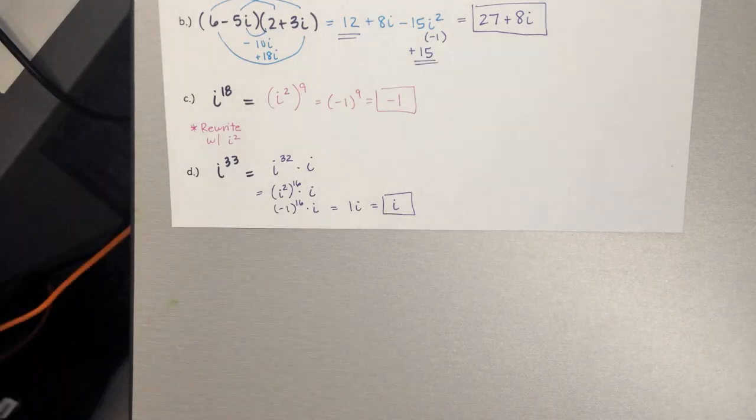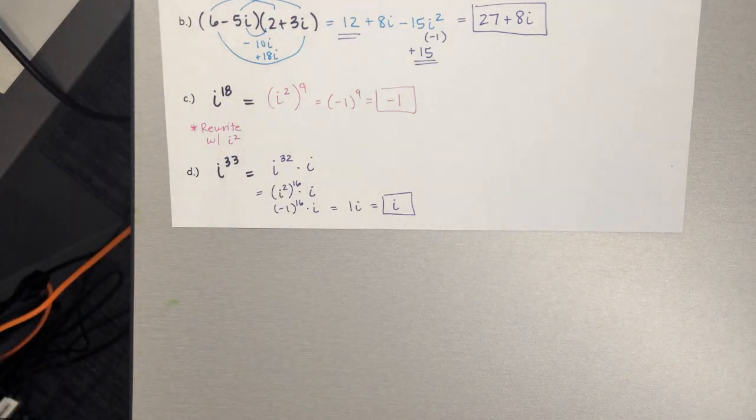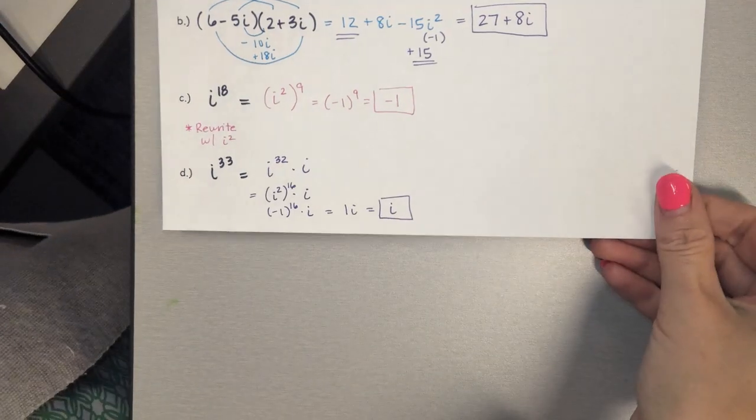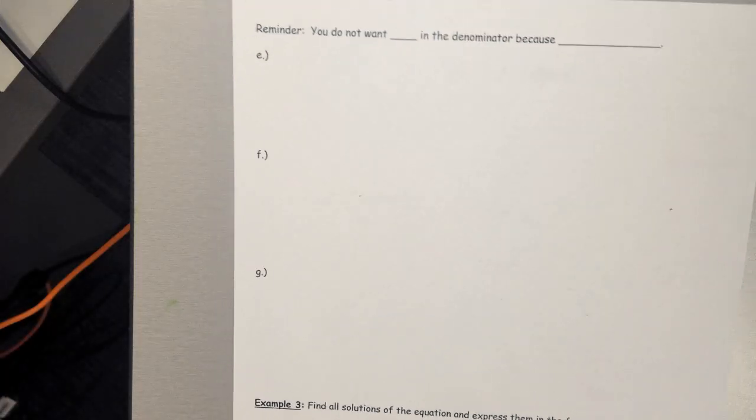All right. Questions for me on this side? So if you don't remember the work with i, whenever you have these, you want to know that you're rewriting with i squared, because we know that's equal to negative 1, and so we can simplify. The other place where you have to simplify is if i is in the denominator.